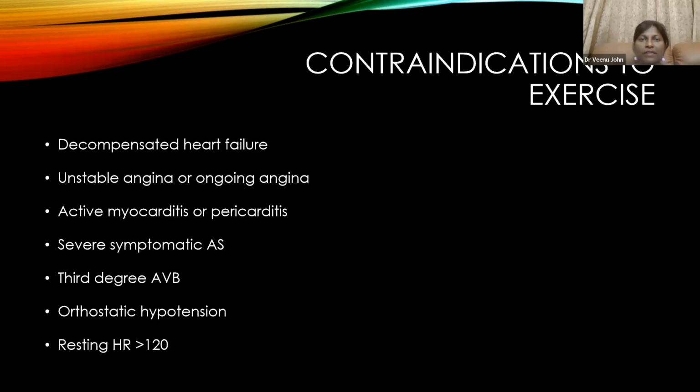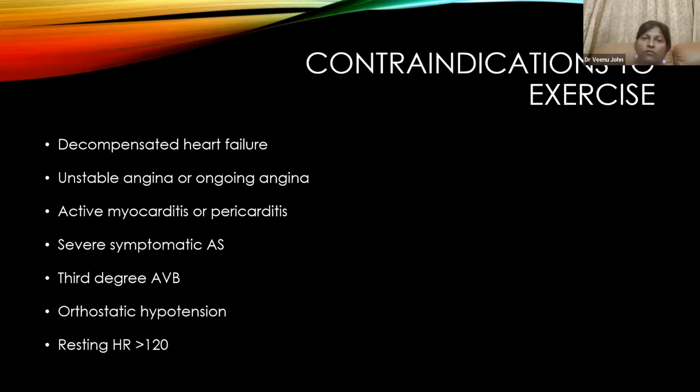So, what are the contraindications for exercise in a person who already has cardiovascular disease? One is decompensated heart failure. So, let's say they are in class 3, class 4 with orthopnea at night, definitely we can't allow them to go for any form of activity. Next is unstable angina.